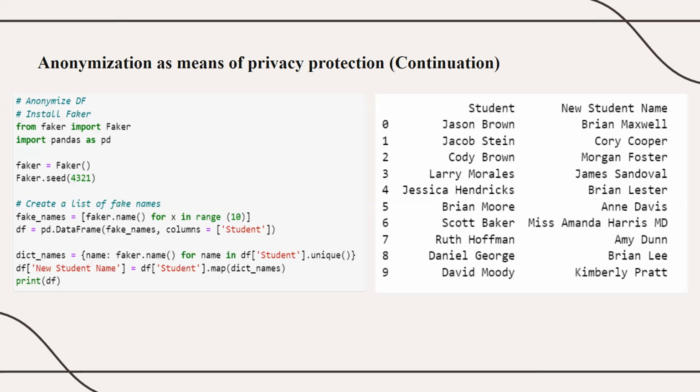We could then move forward to use Faker to fake out student information on this particular table. On our right-hand side, we can see that we have an entire column with the names of students available, and we also have another column that has new student names.